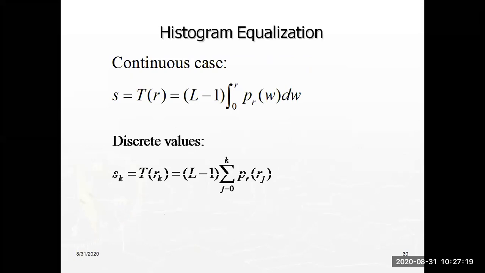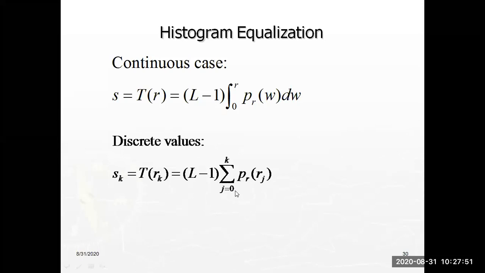But the same is replaced with discrete values. What are discrete values? Simply R is replaced with R suffix K, and S is replaced with S suffix K. L minus 1 is the same. Scale values are the same. But here your integration is replaced with summation, and instead of R there is K, from 0 to K values.